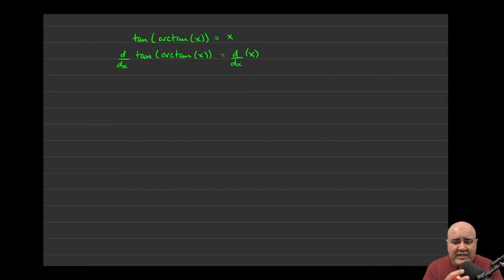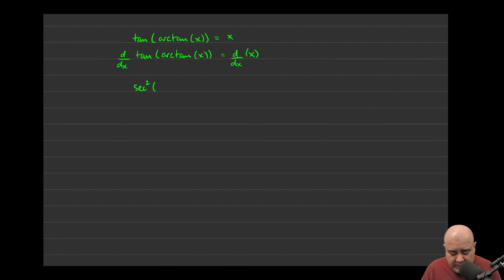Normally, we would just have tangent x as the outside function, but that x got replaced with arctan x. So when we use the chain rule, remember, it's the derivative of the outside while keeping the inside the same. So the derivative of tangent is secant squared. We saw that derivation earlier. Keeping the inside the same.